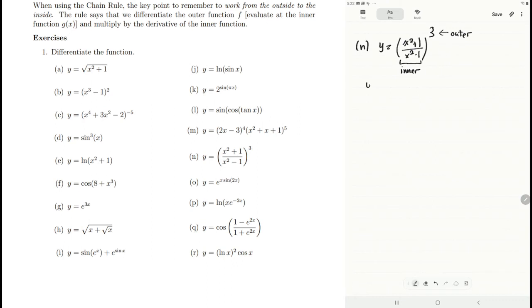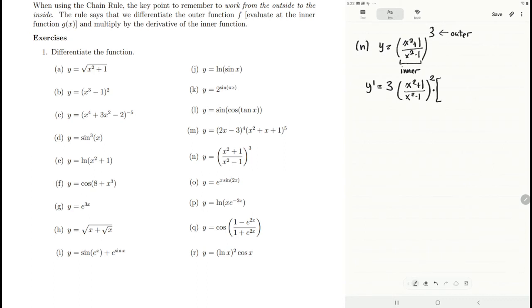So the derivative of the outer function using the power rule is 3 times the inner function to the power of 2, and then we multiply this by the derivative of the inner function.